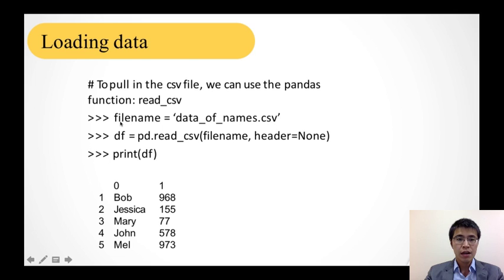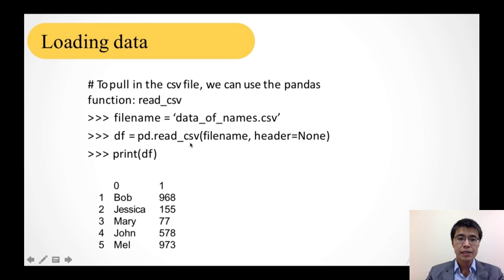Okay, we can use the file we just exported, which is dataofnames.csv. We can use this file to read our data. And then we use the read CSV function to get the data in the file.